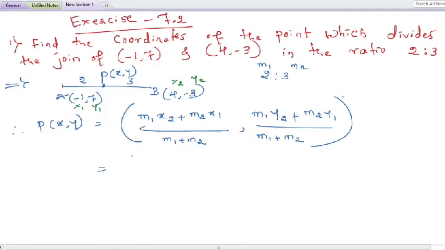Substitute the values, you will get the solution. m1 value is 2, into x2 value is 4, plus m2 value 3, x1 value -1, whole divided by m1 plus m2.